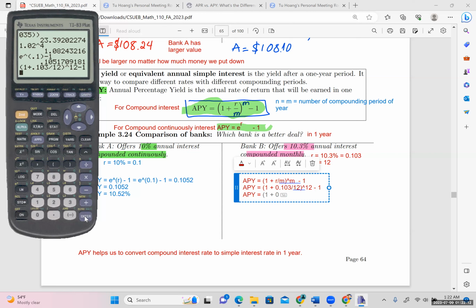Okay, that's going to be equal to 0.108004.